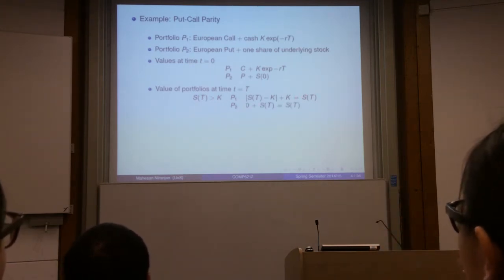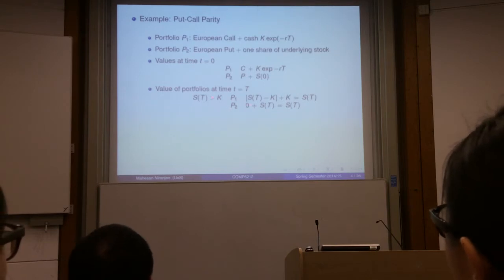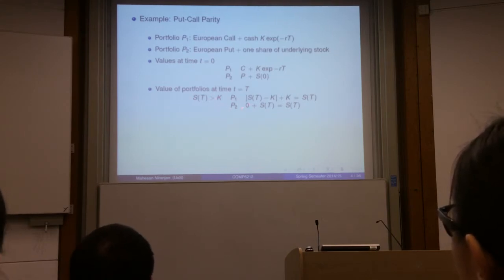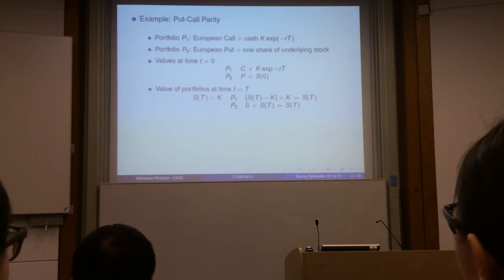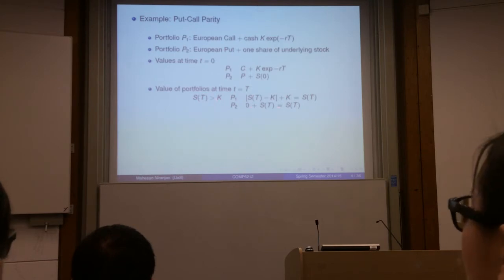What's the value of the second one? If the stock price is bigger than the strike price, your put option is worthless. And you hold one underlying stock, that's ST, so that's ST. So the way I have constructed this portfolio, if the stock price is higher than the strike price, both portfolios have the same value.